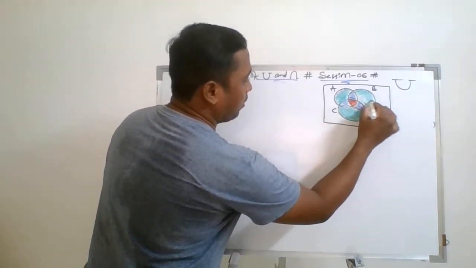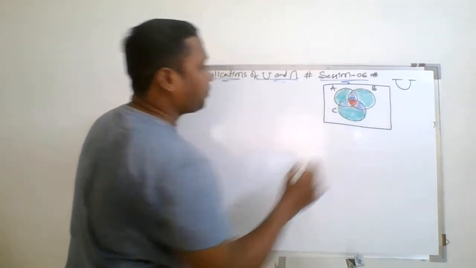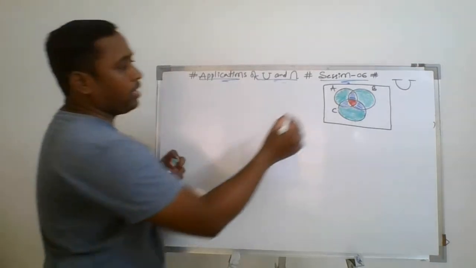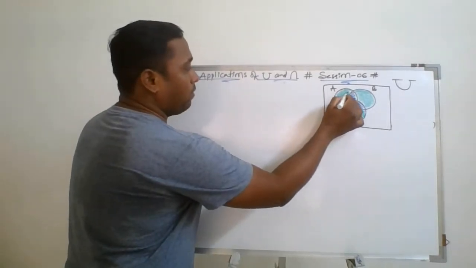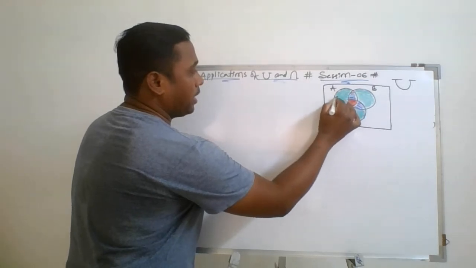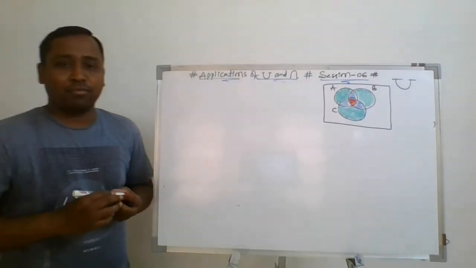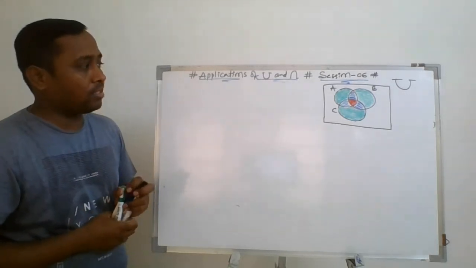Only A, only B, and only C. So now you can easily interpret all the formulas which I am going to write. I think it's a beautiful figure to understand the concept.